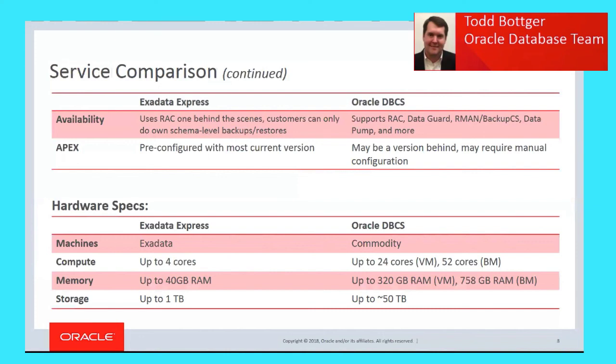So you potentially can fit many more times of actual data in that 1 terabyte of raw storage, but it is capped at 1 terabyte of raw storage. Whereas with DBCS, you can scale up much higher, with many more cores, much more RAM, and much more storage. So if you're thinking that you need to scale up to become huge, then DBCS is a better fit.